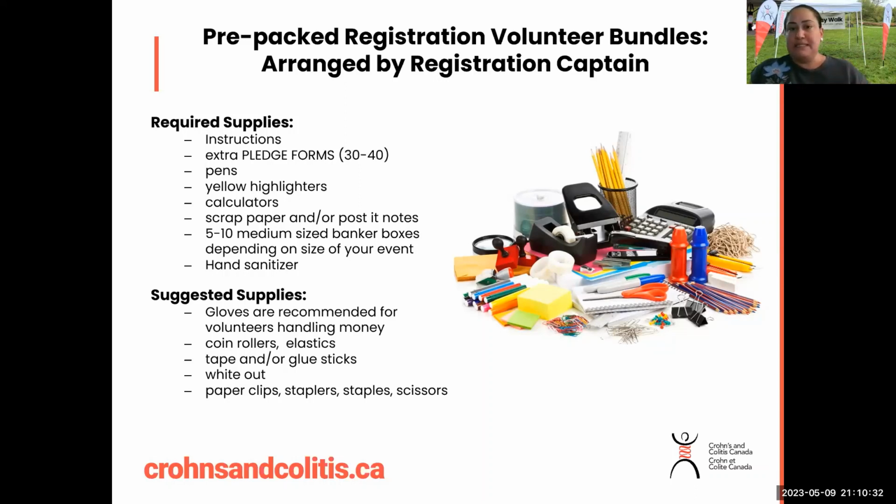These will not be sent by us except the instructions and pledge forms. So some of you would have that from the previous year's events, or if you need to purchase it, please make sure to keep the receipt, and then you can submit the expense and get reimbursed for it.